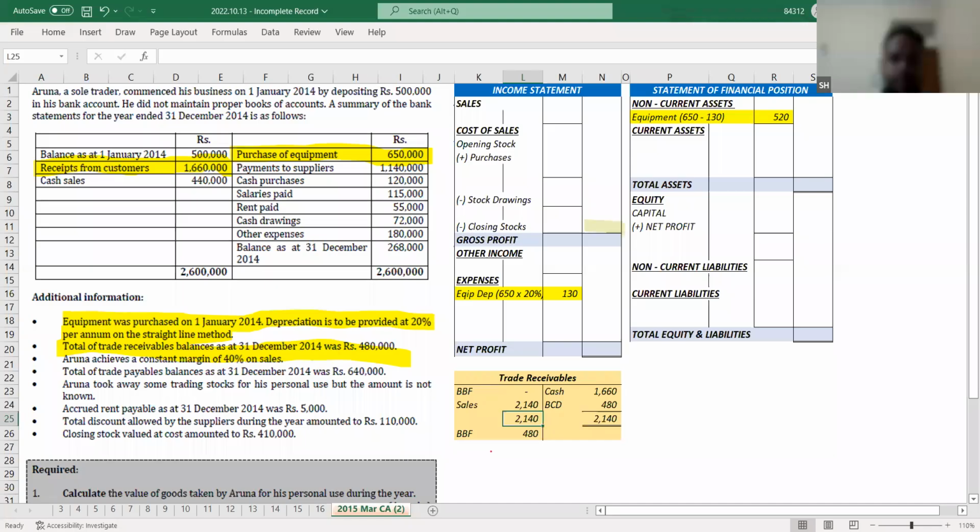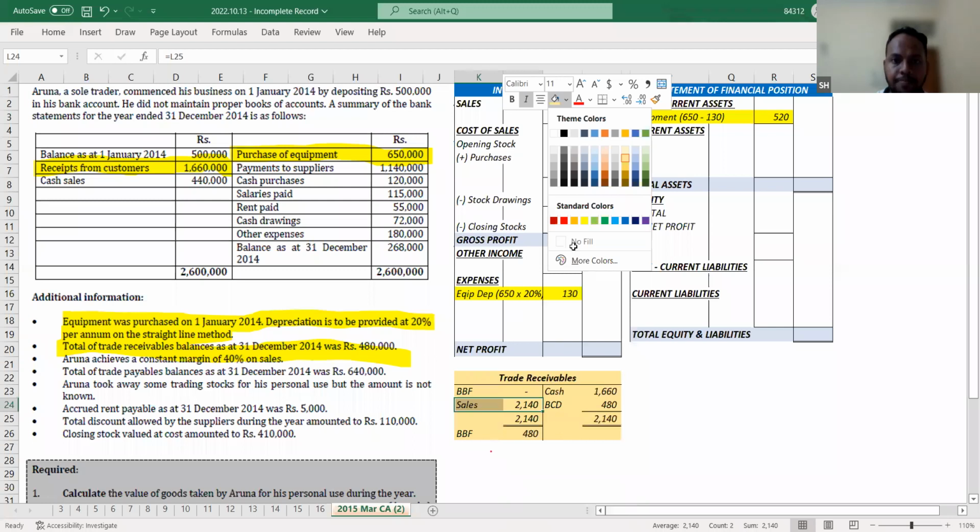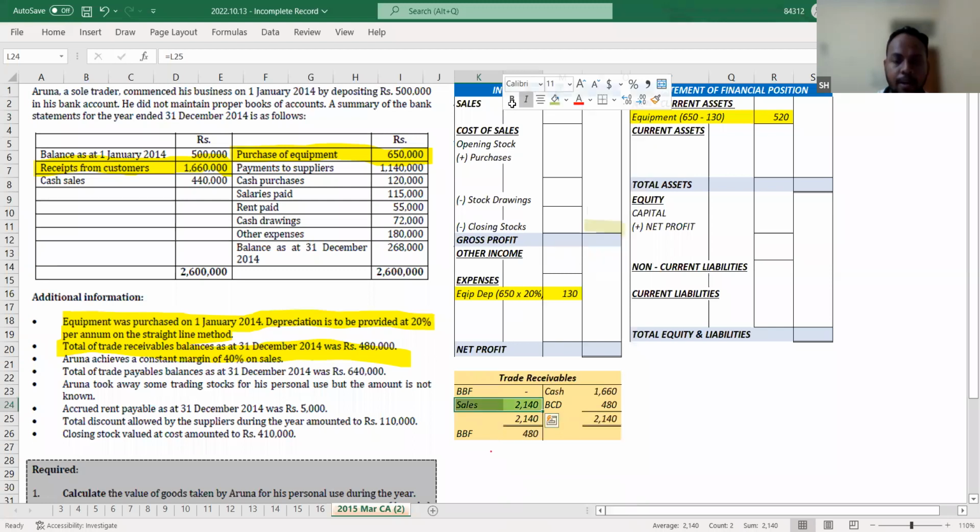Right. Sorry, there was a connection issue. So sales 2,140 credit sales. Then there is cash sales 440.